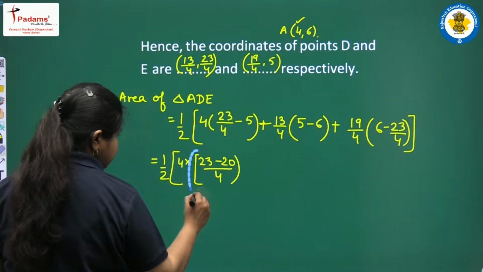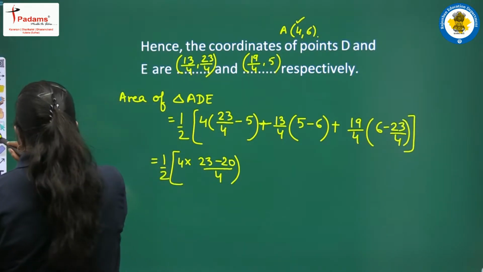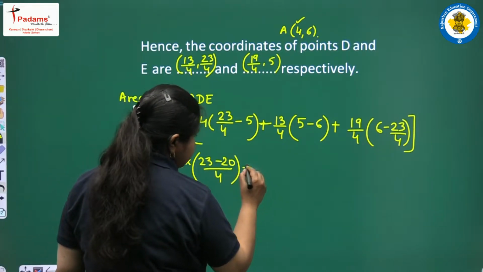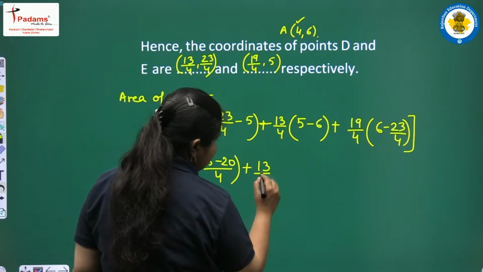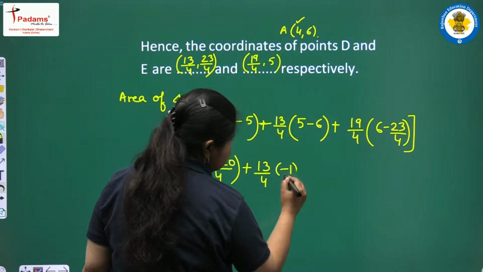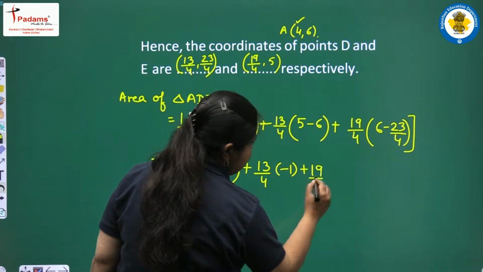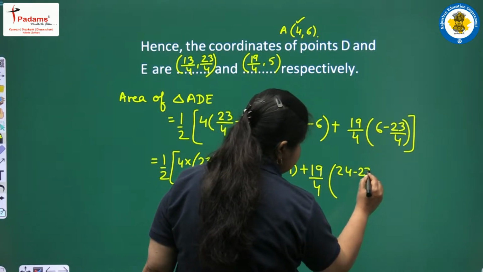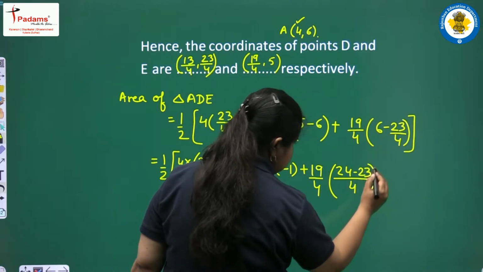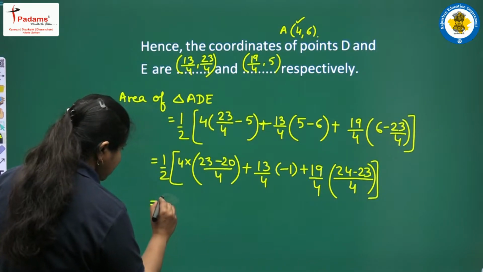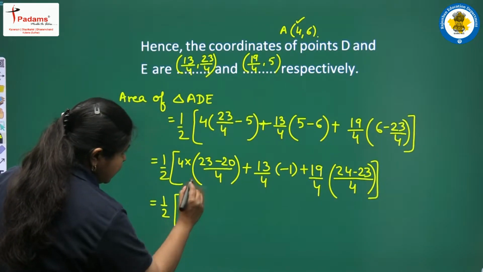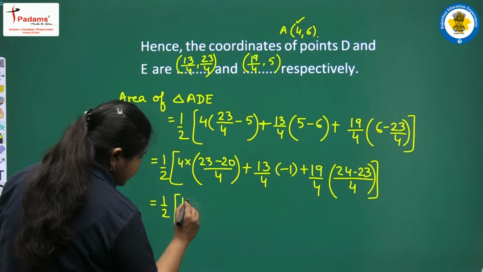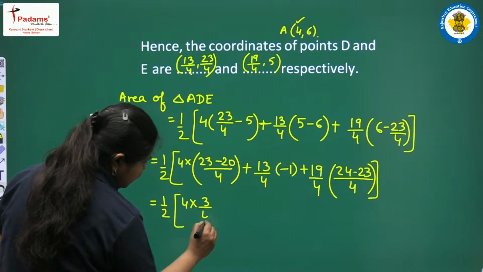This is the first part. Then here we have 13 by 4 into minus 1, and then we have 19 by 4. Here we can write 24 minus 23 upon 4. Again, on solving it, we get it as 23 minus 20, it is 3, and upon 4.